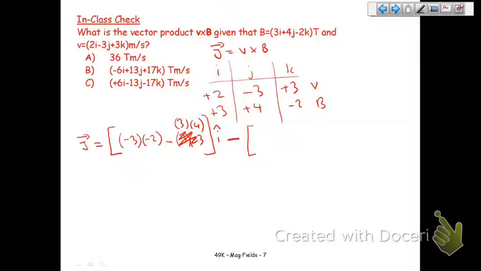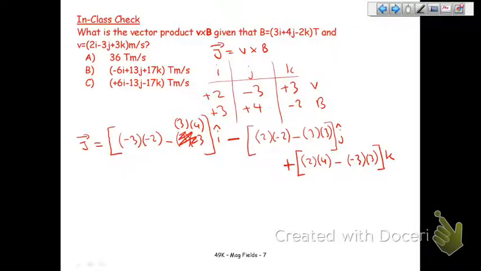Then I put my finger over the middle bit, and I'm going to go 2 times minus 2 minus 3 times 3. That's J. And then I put my positive sign down. And I'm looking at these first 2 columns because I put my finger over the K column now. And so it's going to be 2 times 4 minus 3 times 3.